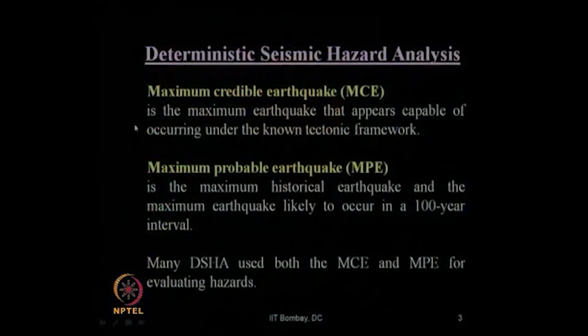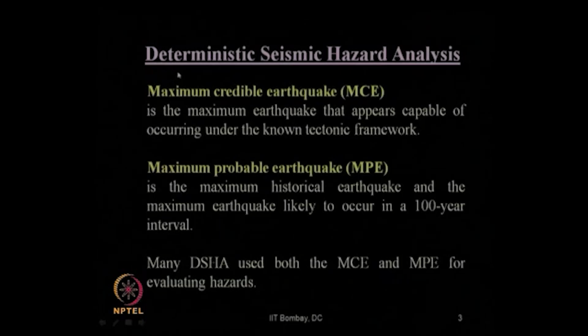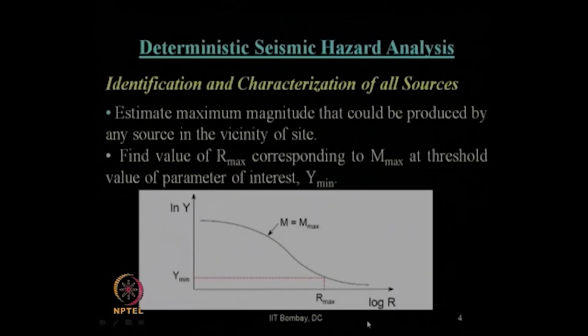In the previous lecture, we talked about what is deterministic seismic hazard analysis, and for that, we have seen two definitions of earthquake, like maximum credible earthquake MCE and maximum probable earthquake MPE. For this deterministic seismic hazard analysis, or DSHA, we use both this MCE and MPE for evaluating the hazards.